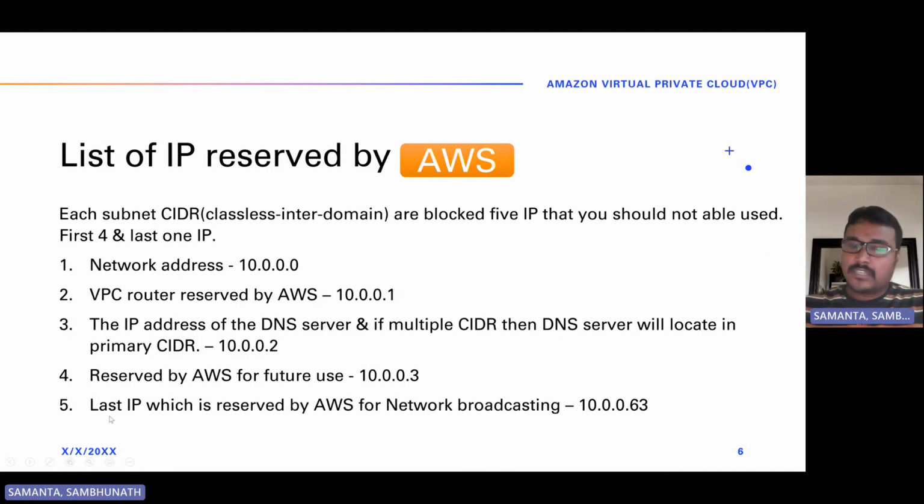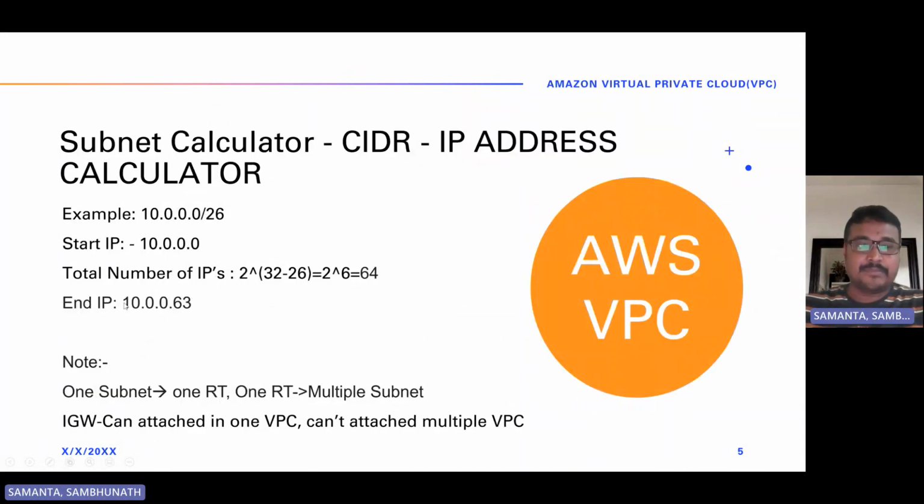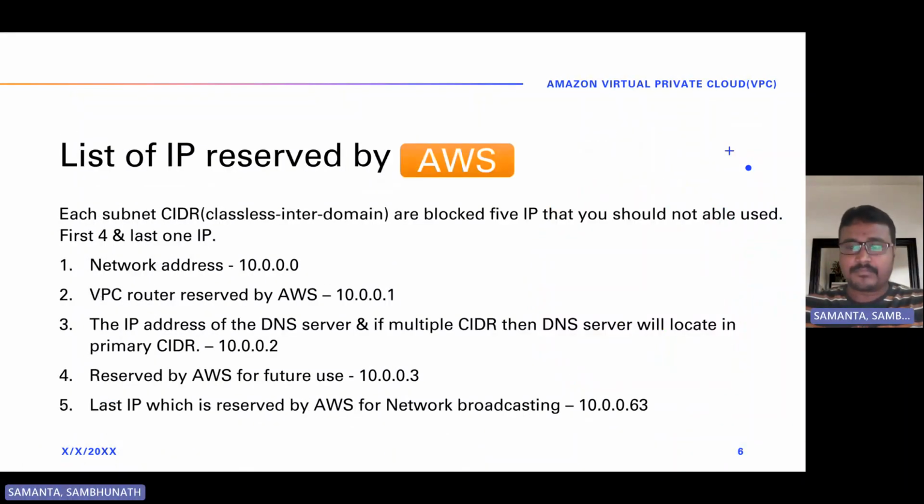Suppose this is our last end IP. This one will also be reserved by AWS for your network broadcasting. Broadcasting, what does that mean? It relates to how traffic is sent over the network, so for the network broadcasting purpose, this IP address is reserved.